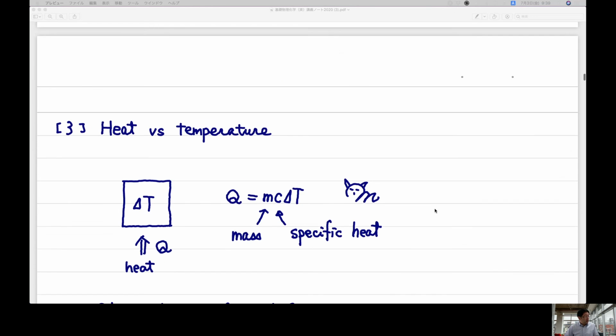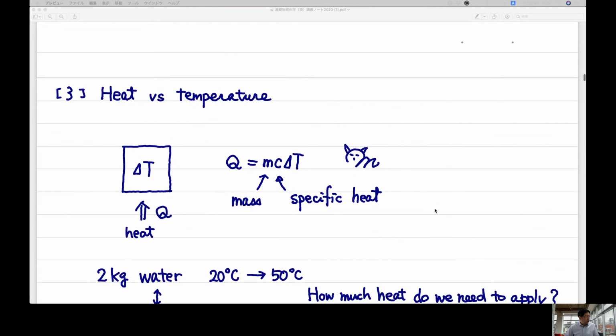And this is another important point about internal energy: heat versus temperature. You add heat to the system. Sometimes the temperature change is big, you can observe a big temperature change.